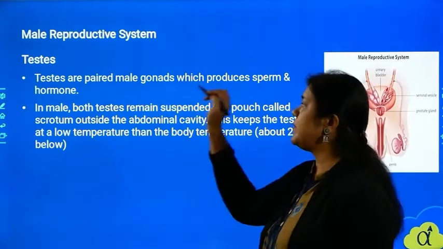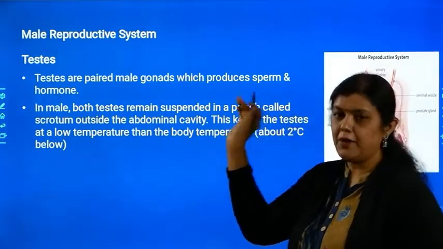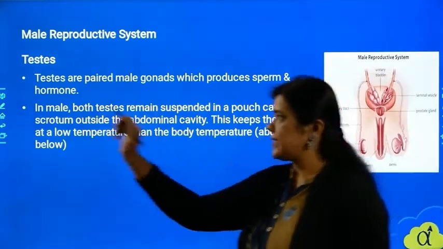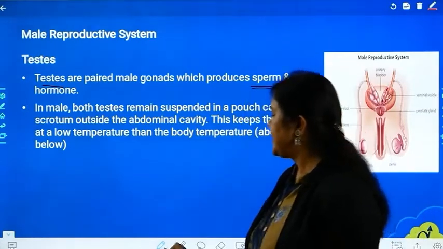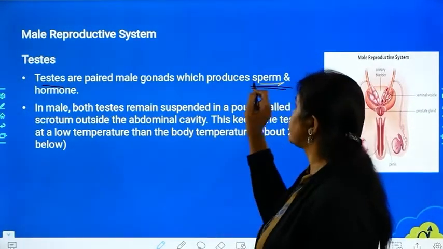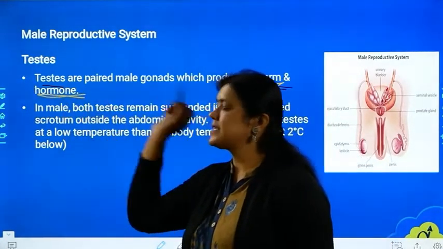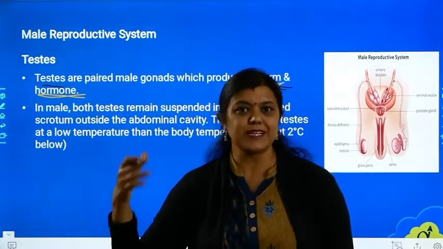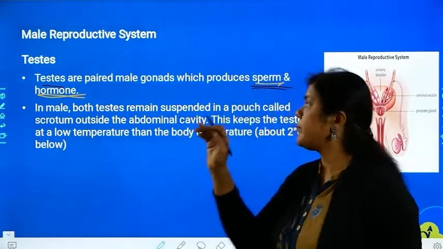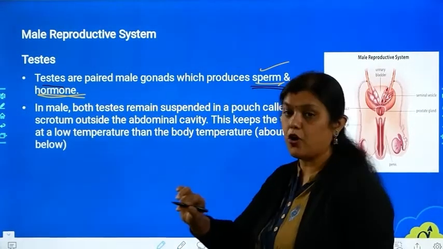Testes produce sperm and hormones. Testis is responsible for the production of sperm, and it also produces several hormones like testosterone.